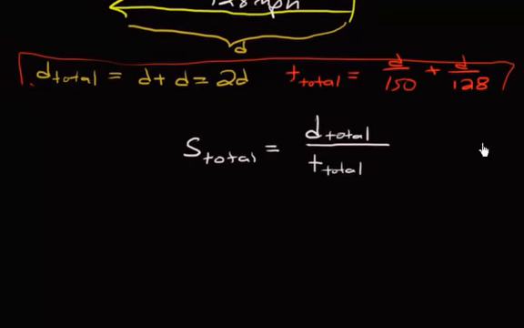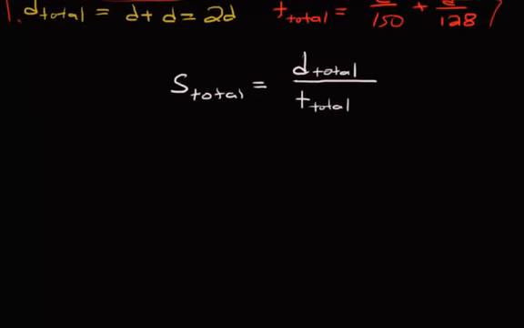Now remember, this is the formula that we're using. The total distance we now know as 2D, and the time, well, that's D over 150 plus D over 128. So that's what I'm trying to find.